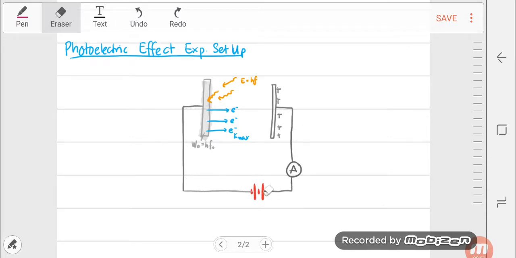We can see that the positive terminal connects to an anode, and the metal that we shine the light on is the cathode.